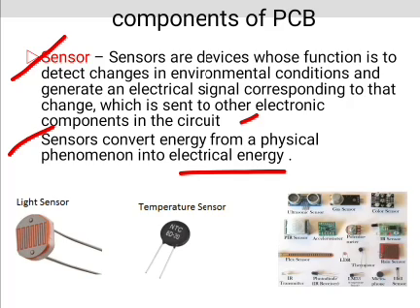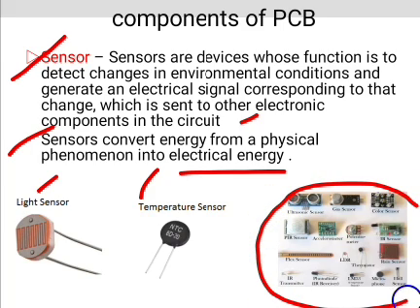We can say a transducer: it will convert a physical quantity into an electrical quantity. There are different types of sensors: light sensors, temperature sensors, humidity, touch sensors, sound sensors, moisture sensors, motion sensors, etc. These are the different types of sensors as shown.